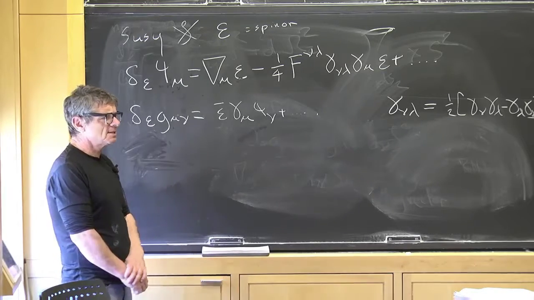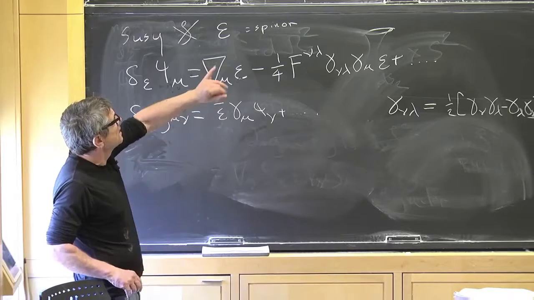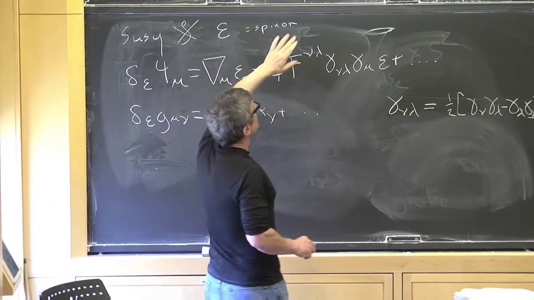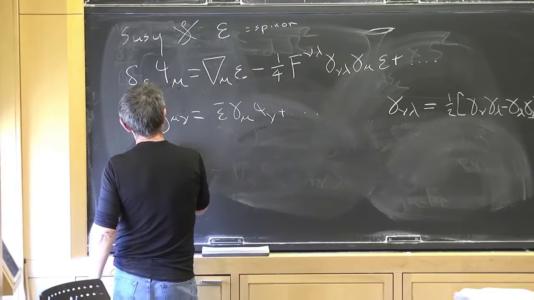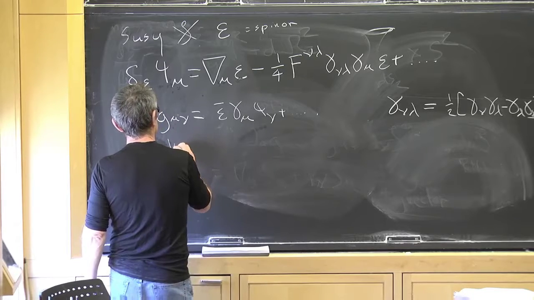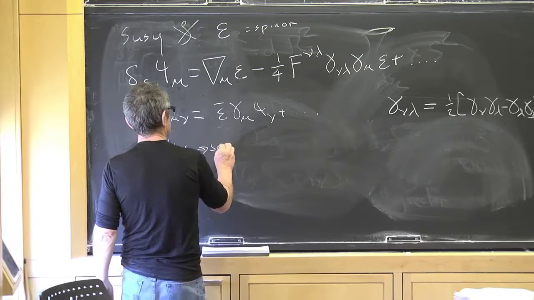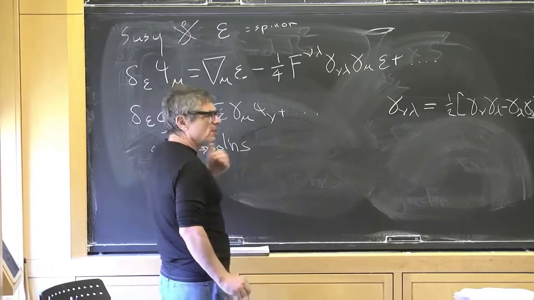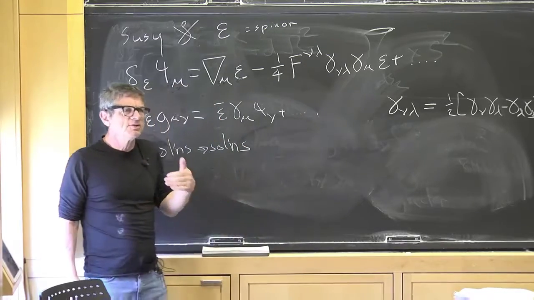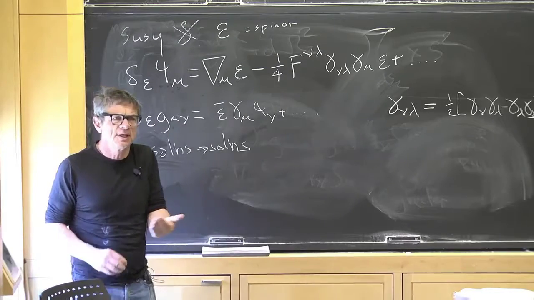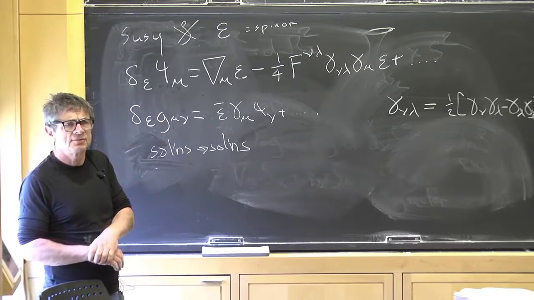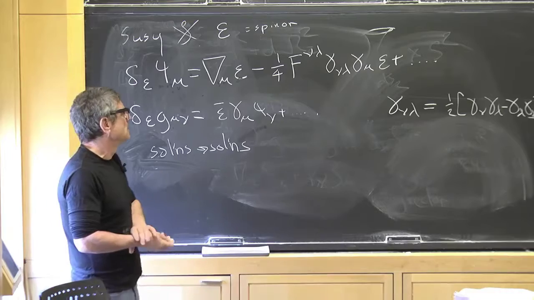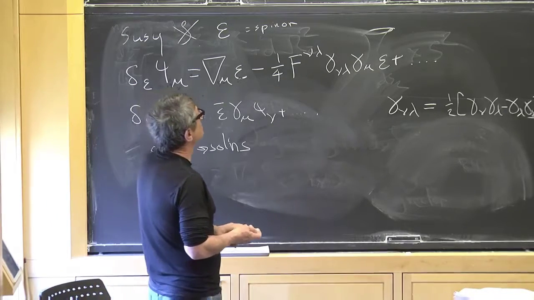And when I say it's a symmetry, it maps solutions to solutions. So if I have one solution of the equations of motion and I do a supersymmetry transformation on it, I get another solution of the equations of motion.